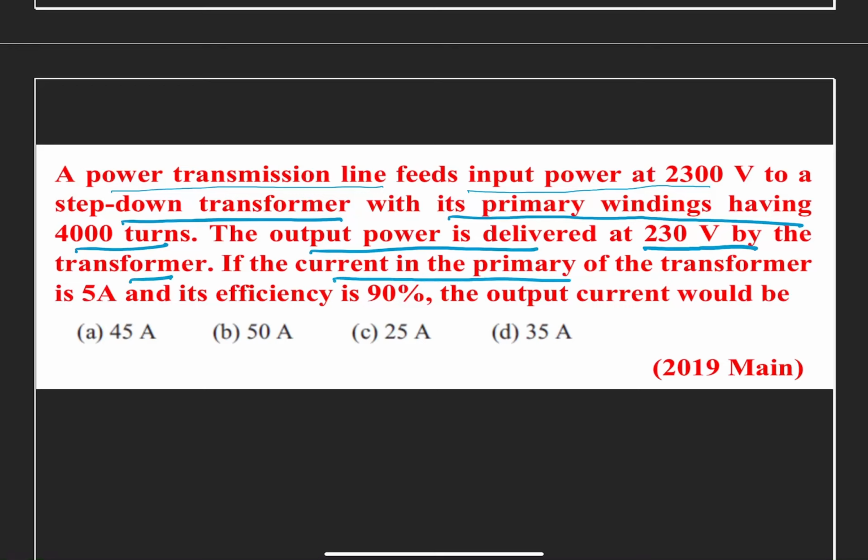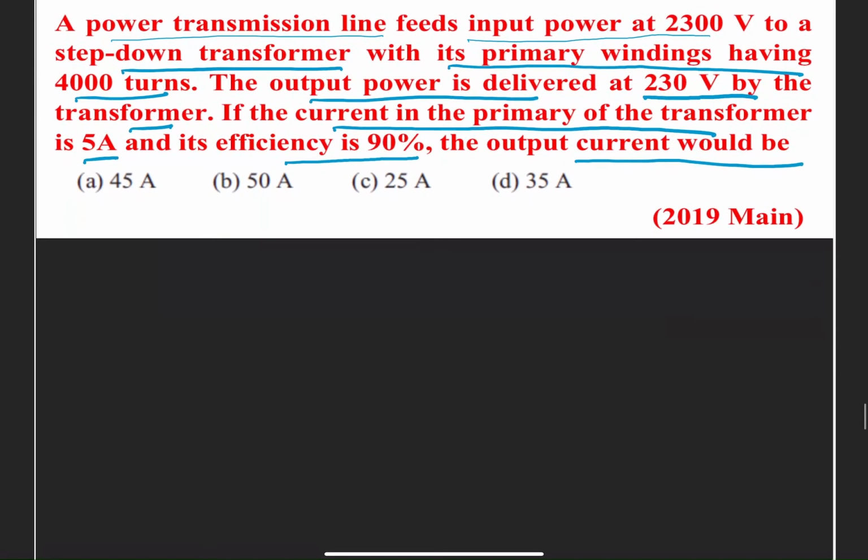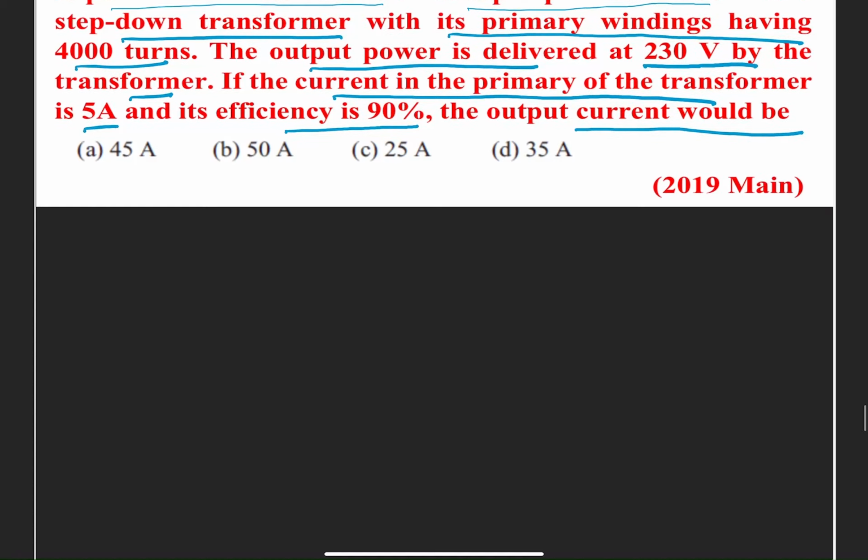If the current in the primary of the transformer is 5 ampere and the efficiency is 90%, the output current would be. So in this case, let us first find the input power, and then using the efficiency we can find the output power, and that is going to help us in finding the output current.